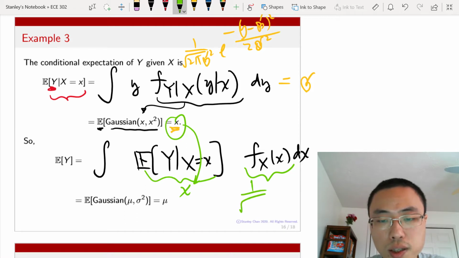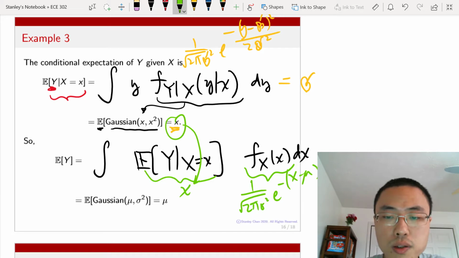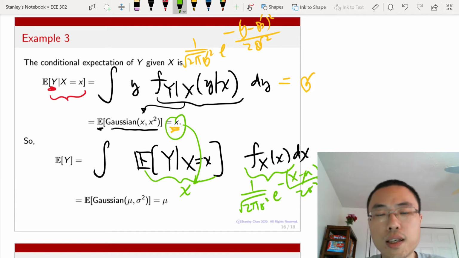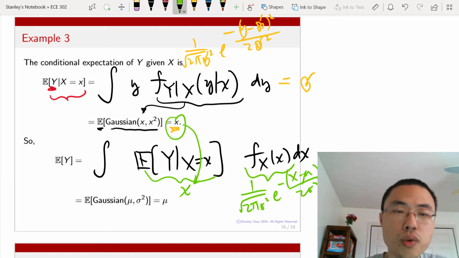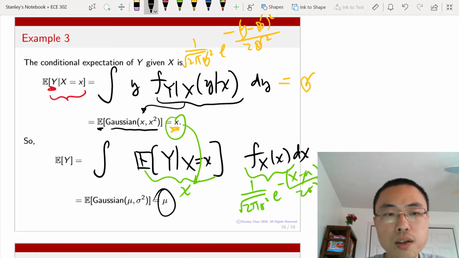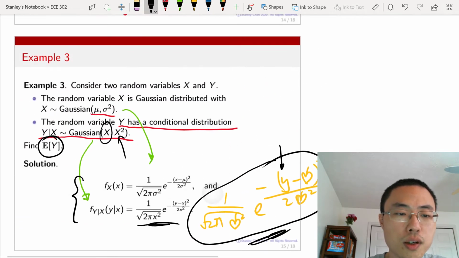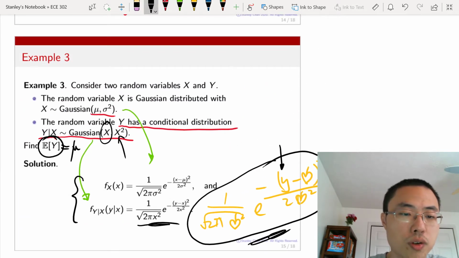This is just another Gaussian, 1 over root 2 pi sigma square, e to the minus (x minus mu) square divided by 2 sigma square. So when you integrate this entire thing, you're trying to find the mean of this Gaussian random variable. And so what is the value? This one is mu. So we found that after all these calculations, the expectation of y is just mu.